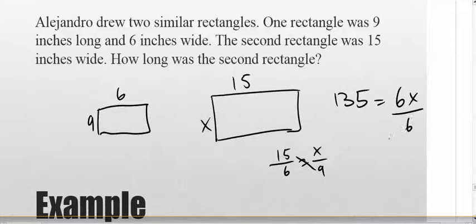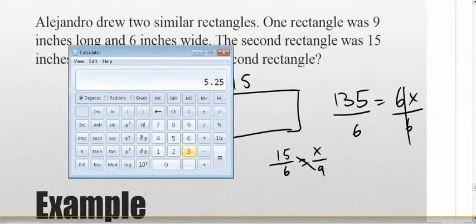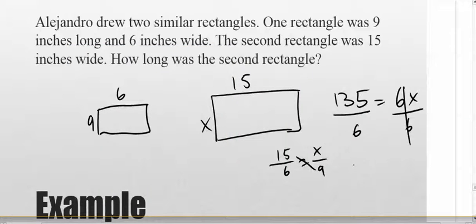So you divide both of them by 6, and so this cancels out, leaving 135 divided by 6. Let me just check this. 135 divided by 6 equals 22.5, and that is x.